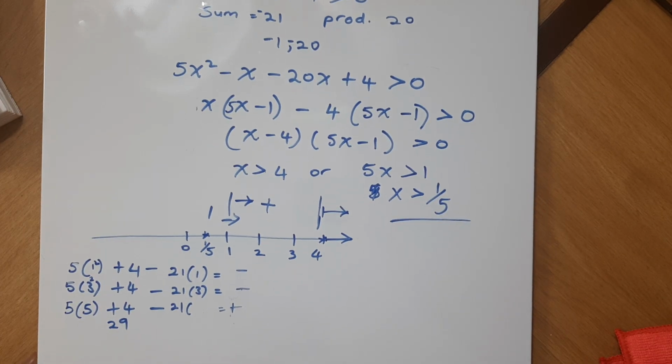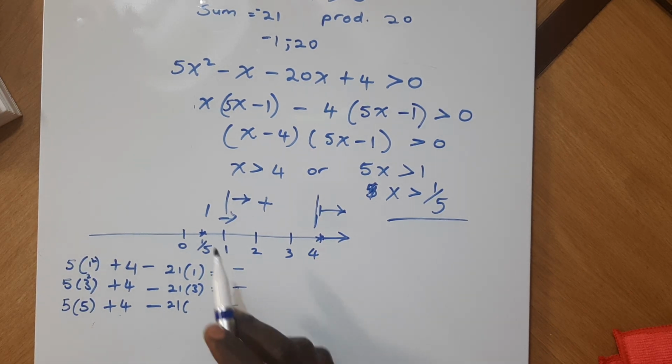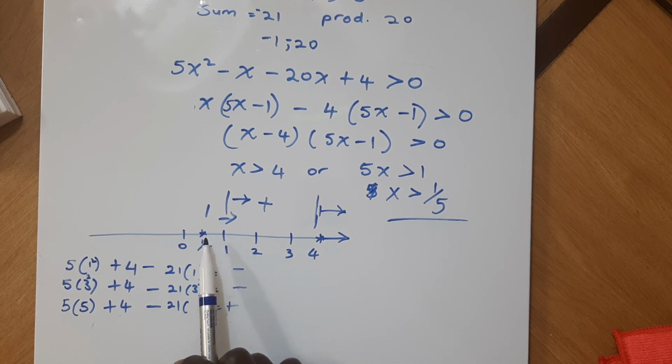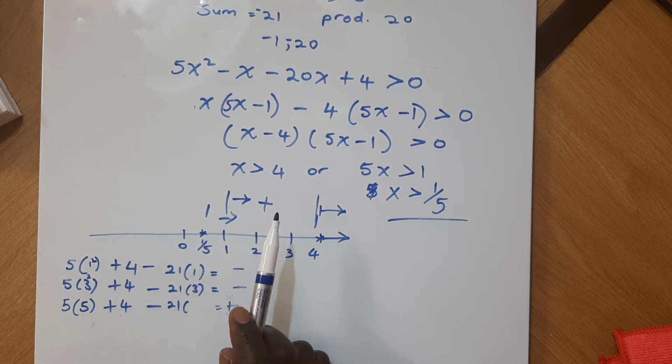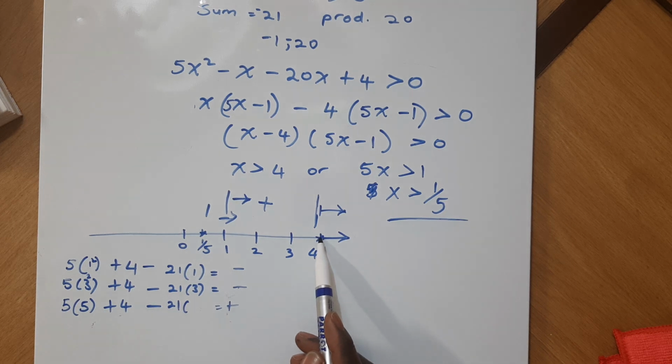Okay, so down here, for the values, when we substitute in the values of x greater than 1, greater than a fifth, all of them still keep the function negative, that means less than 0, until we get to 4.